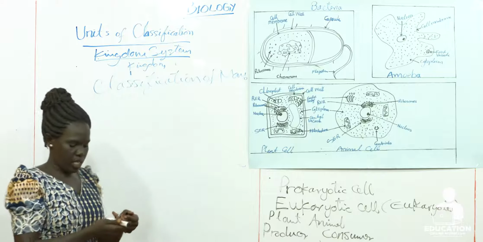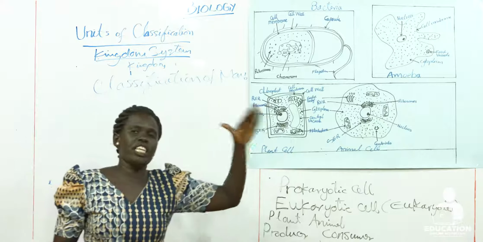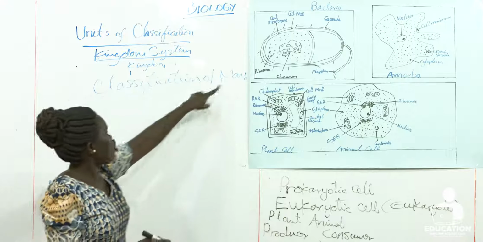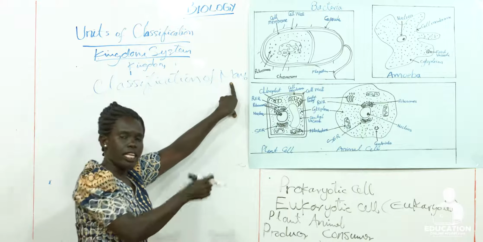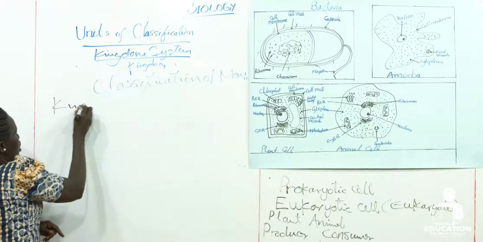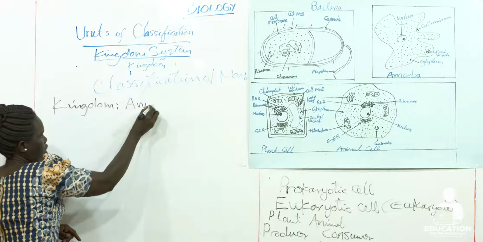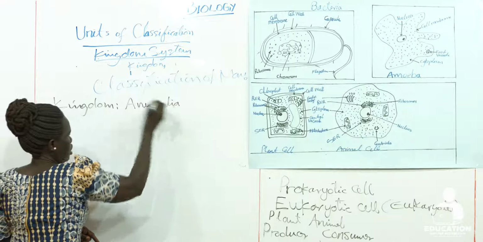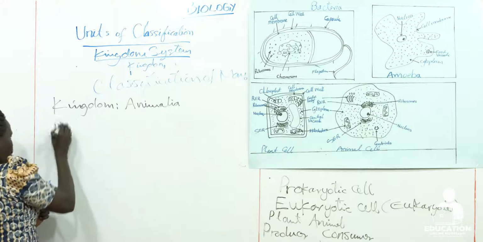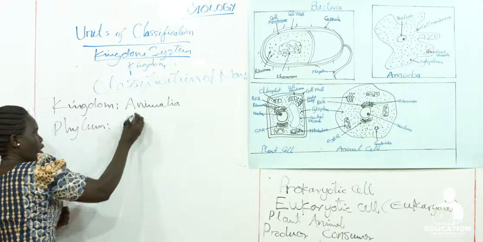If you are starting classification of living organisms, you start by the largest unit, which is the kingdom. This human being is under the kingdom Animalia. Coming to the phylum, Chordata.